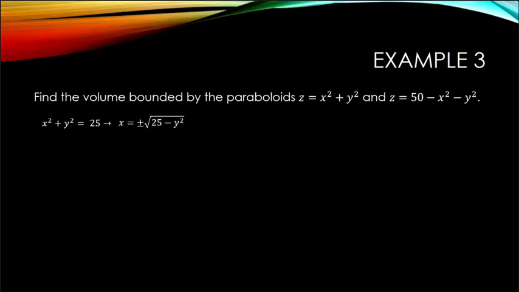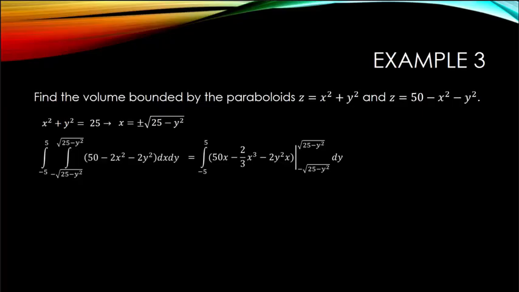So using this circle function, I solve for x. X is equal to plus or minus the square root of 25 minus y squared. This tells me that my double integral will be an integral from -5 to 5 of an integral from negative the square root of 25 minus y squared to the square root of 25 minus y squared of the function 50 minus 2x squared minus 2y squared dx dy.